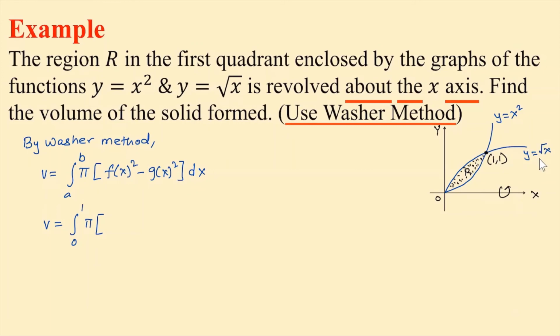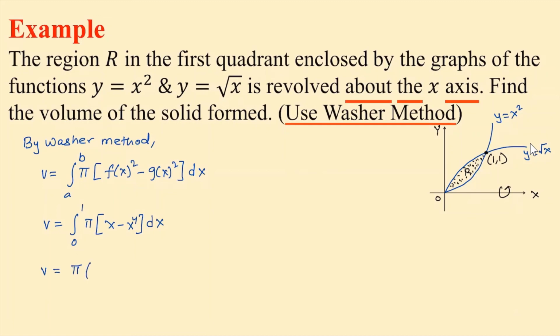If we square the square root of x, that will be x, minus g of x squared. g of x is the function which is close to the x-axis. The function close to the x-axis is this one, and its equation is y equals x squared. So I'm squaring that again, and it will be x to the 4. And we are integrating this difference with respect to x.